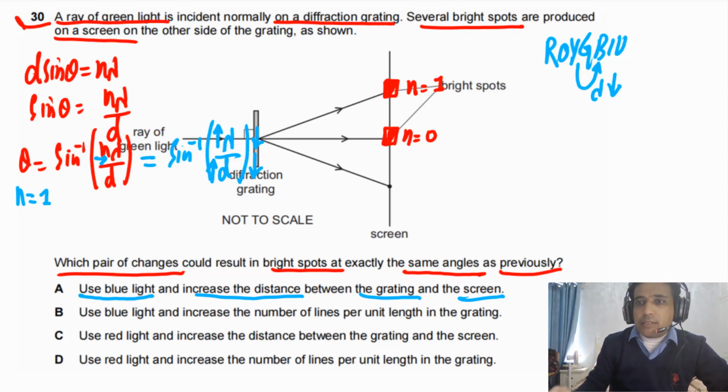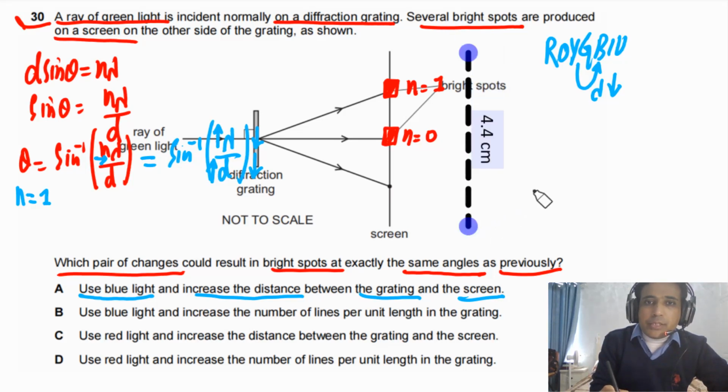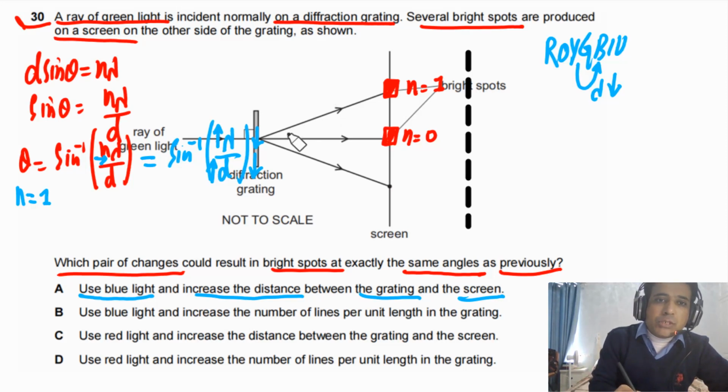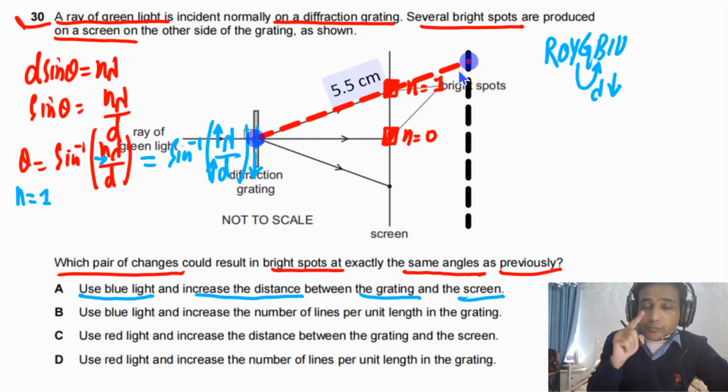So this is telling us we move the screen a little bit away. We place the screen at this point. If we place the screen at this point, there will be no change in angle. The same line, the position of the bright spot will change, but there will be no change in angle.